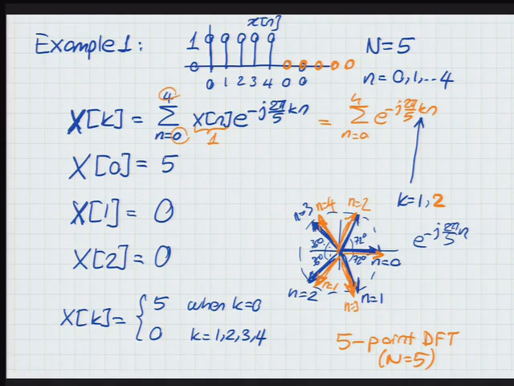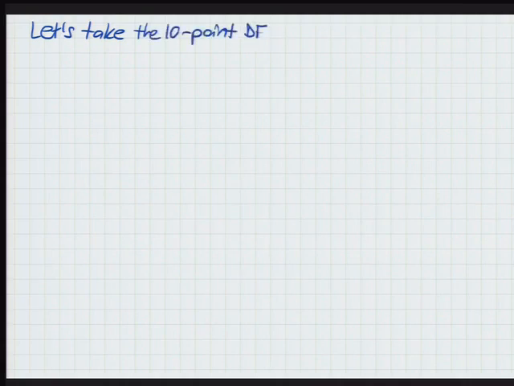Okay? So let's do this in this example. Let's take the 10-point DFT, which simply means we're going to take n to be 10 for the example above.